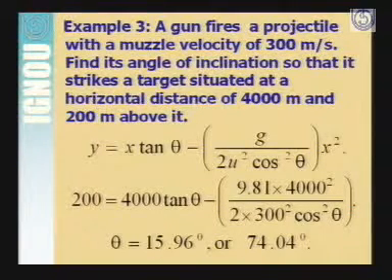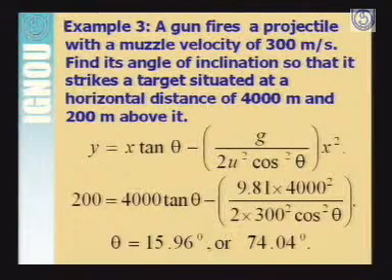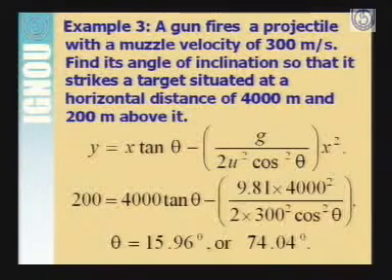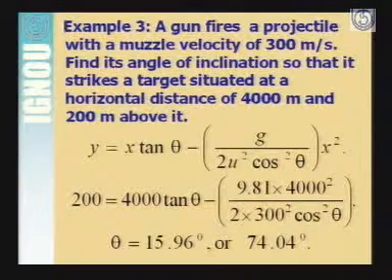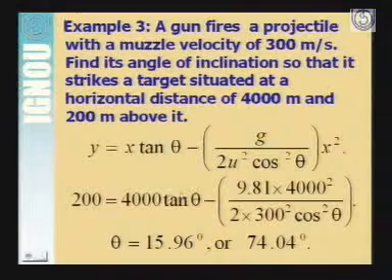So here you see that y is given, 200 meter, x is given, 4000 meter, theta is unknown, g is known, 9.81, and x square, that is 4000 meter square, twice u square, u is also given, cos square theta. So in this expression only theta is unknown, so we can easily solve this one unknown theta from one equation.